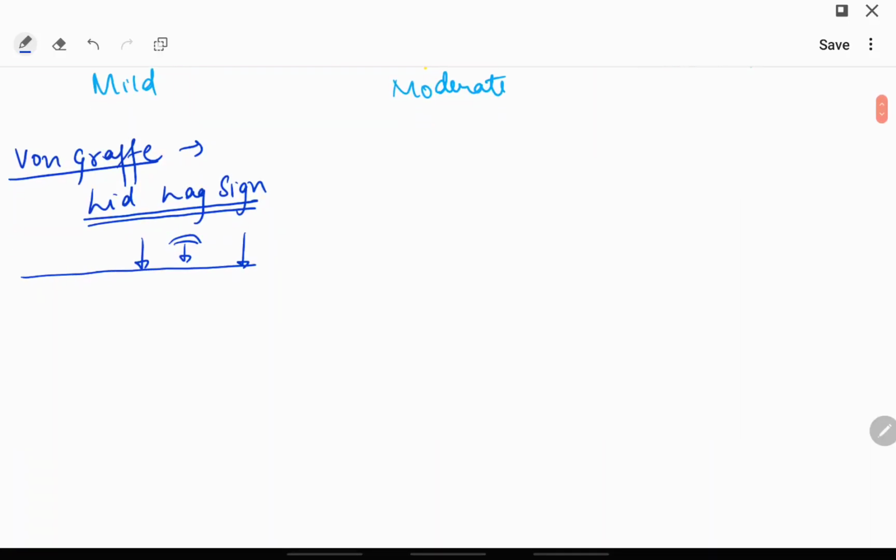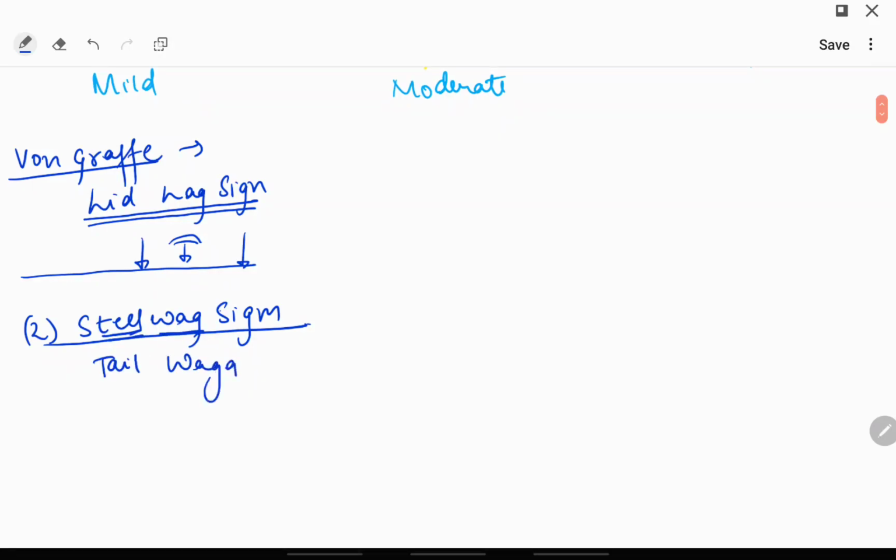Okay, so the second is S, smart, the Stellwag sign. Try to remember it this way: tail wagging. Okay, so there is a continuous wagging of the tail by the dog.